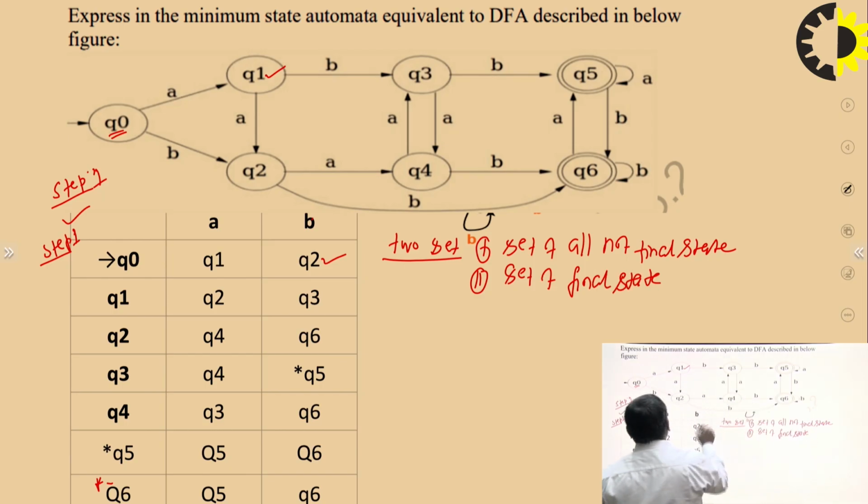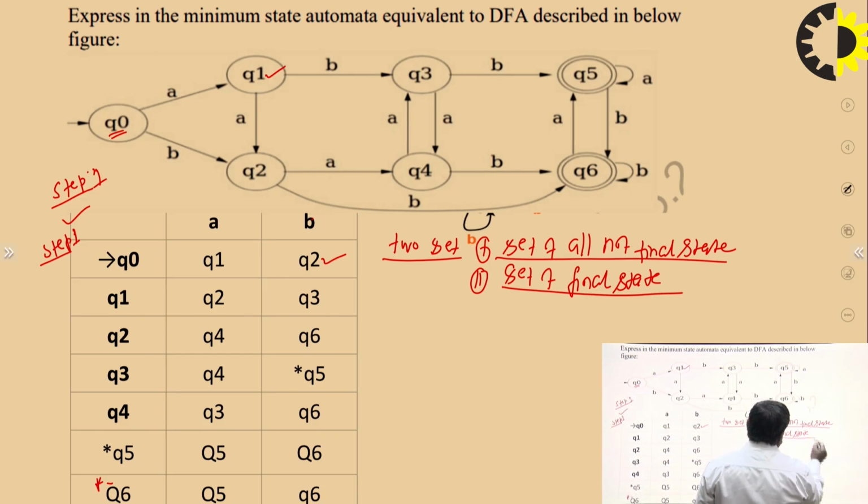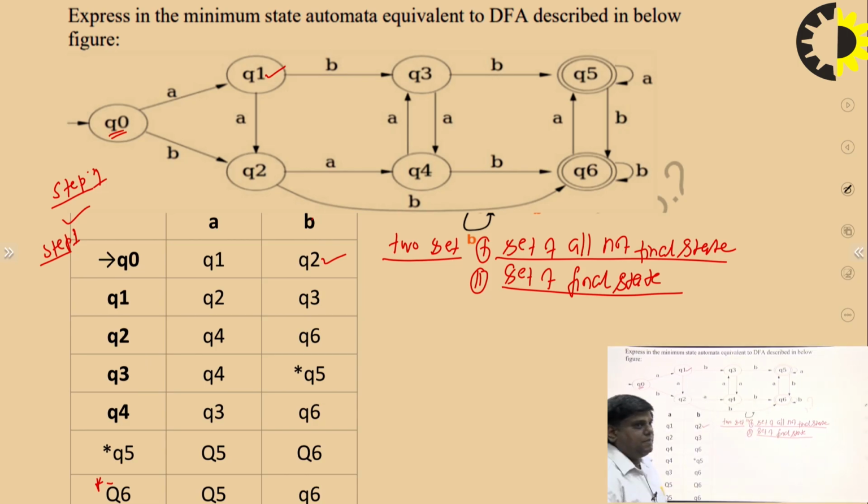This is step 2: all states are divided into 2 sets, the set of final states and the set of non-final states.